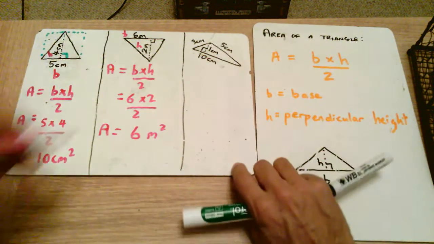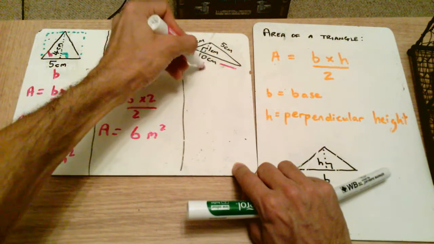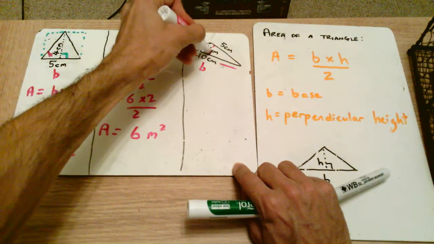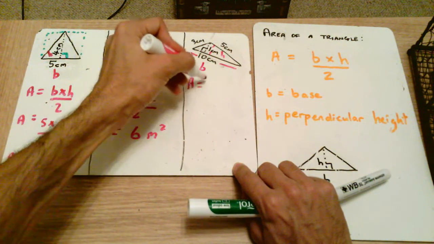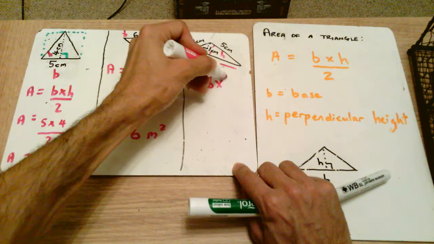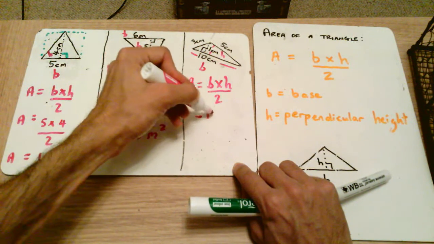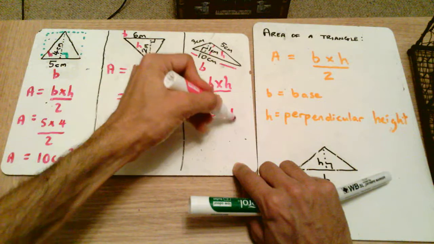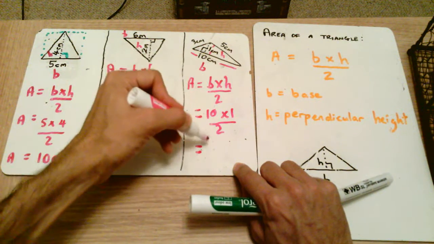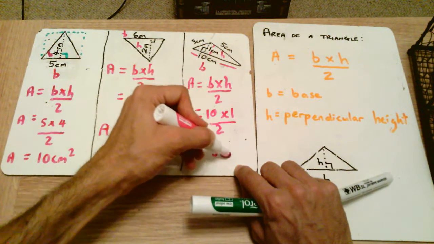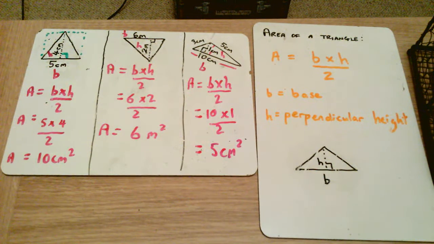So the 10 must be our base along here, and the height here must be our 1. Once again, the area is the base times the height divided by 2, which in this case is 10 times 1 divided by 2. 10 times 1 is 10, divided by 2 is 5 centimeters squared. And that's our area.